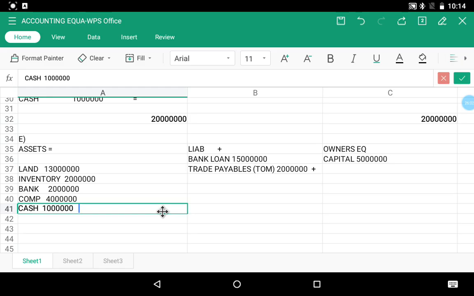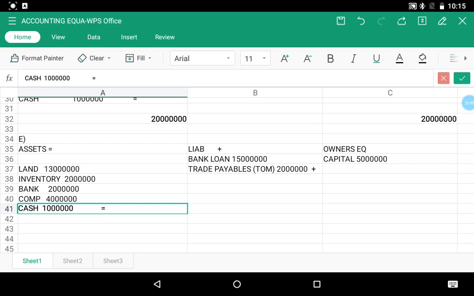When you check our assets, we have land 13 million, plus bank 2 million, that is 15 million, plus computer 4 million, that is 19 million, plus cash 1 million.